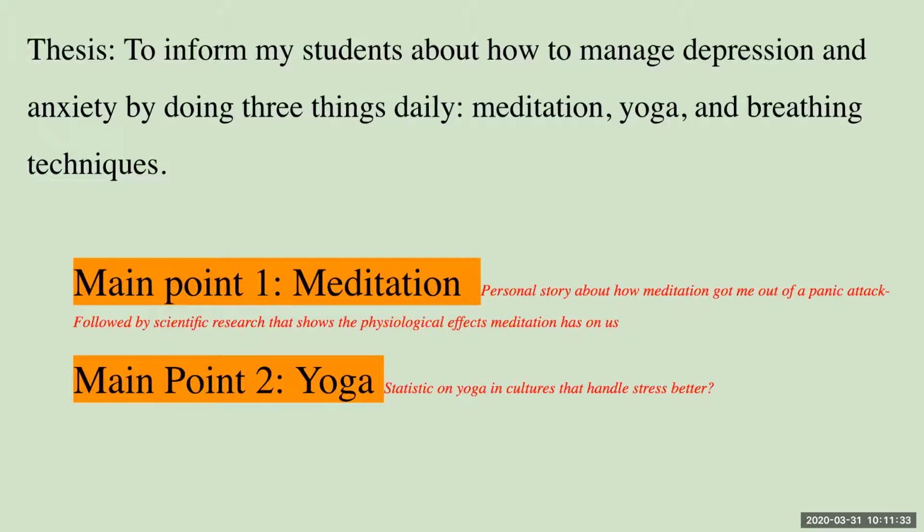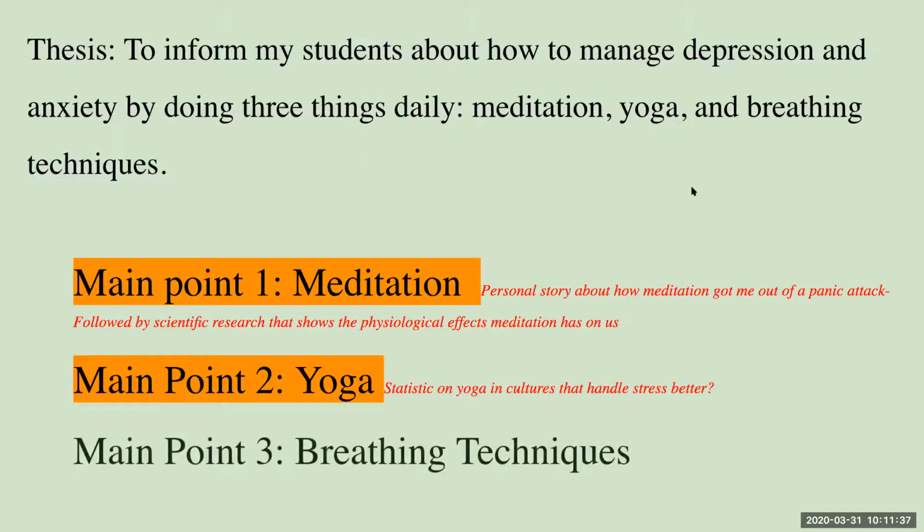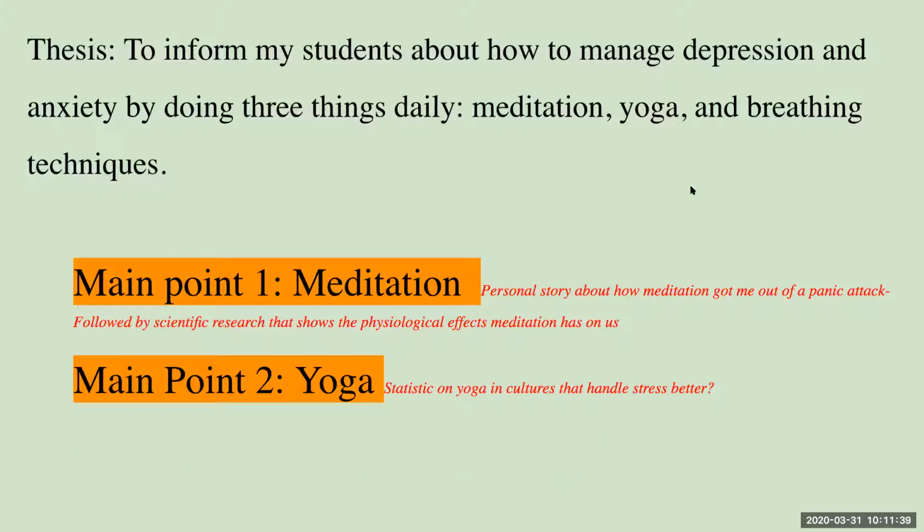My point is that yoga is going to help students manage depression and anxiety. So maybe I change my parameters for my search to benefits of yoga, right? And then let the research lead me to find what the truth is rather than trying to find something that proves what I already thought was true, especially if it doesn't exist.